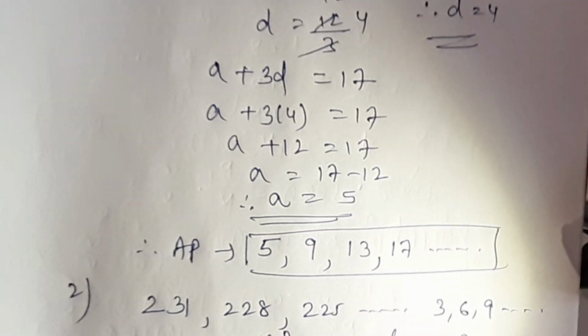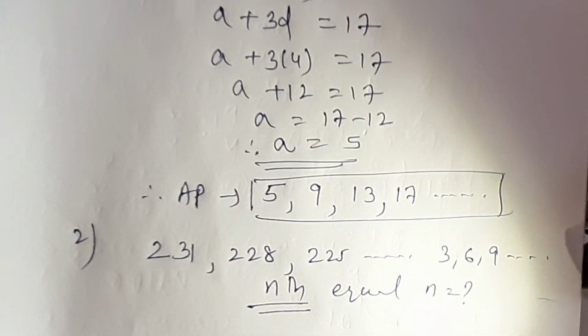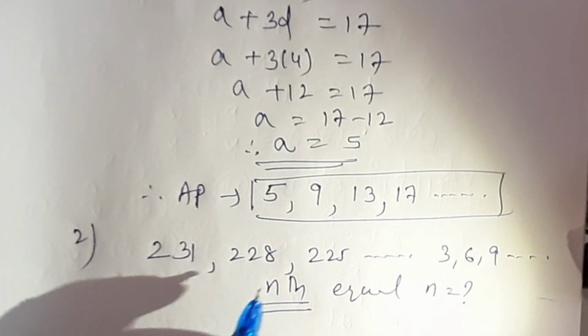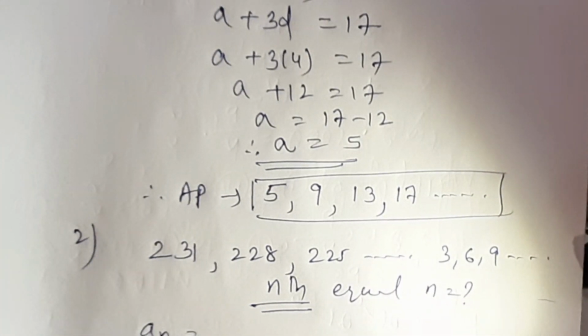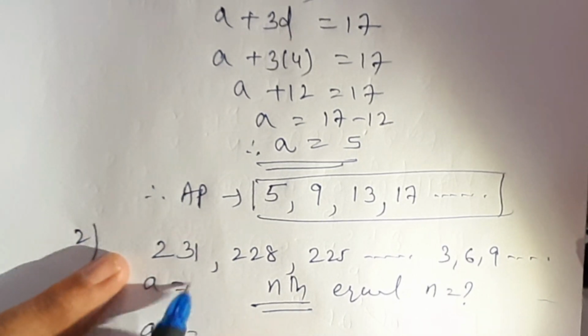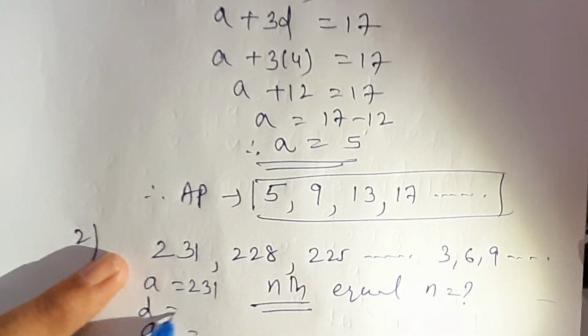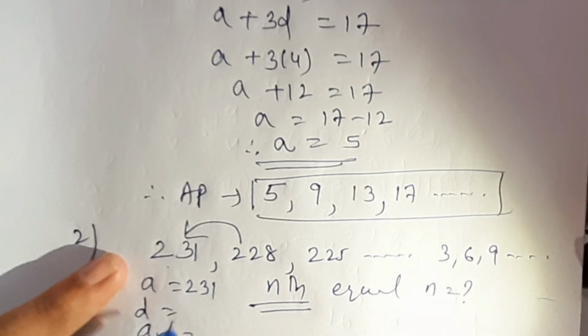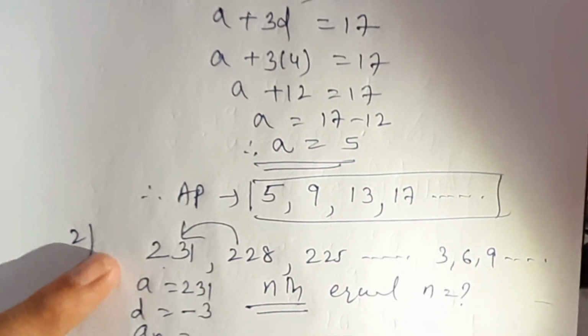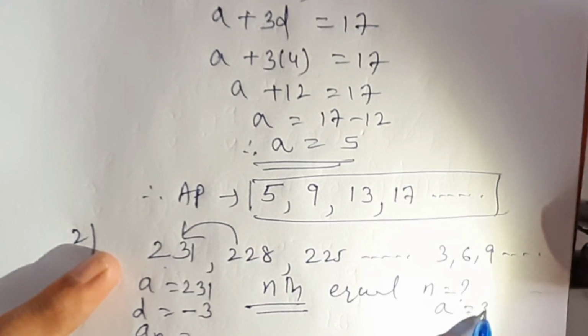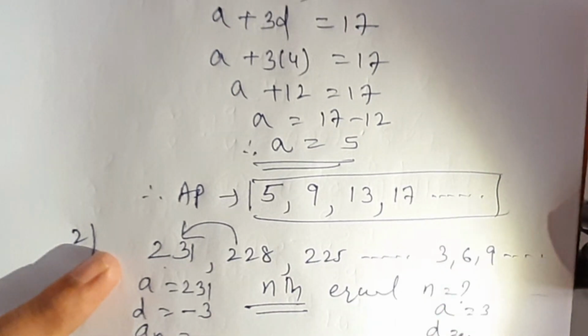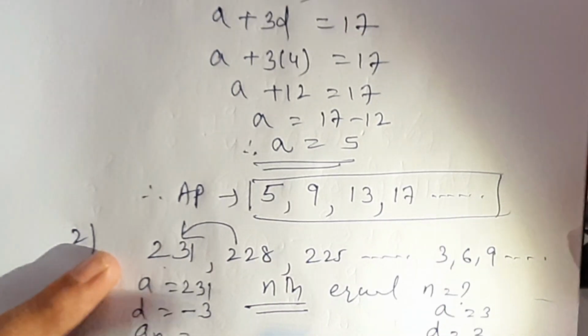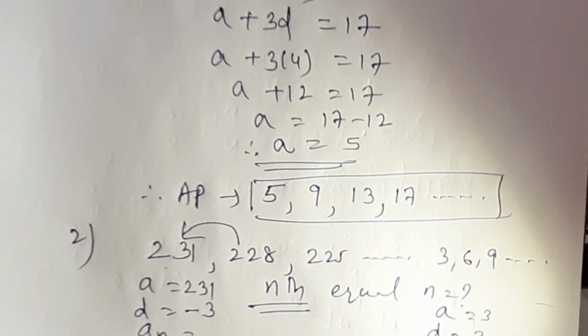As it is given that their nth terms are equal, first we need to calculate the nth term formula, an, for each. Here for the first AP, A is 231, D is 228 minus 231, which is minus 3. And for the second AP, A is 3 and D is 6 minus 3, which is 3. Now we'll place both in the nth term.